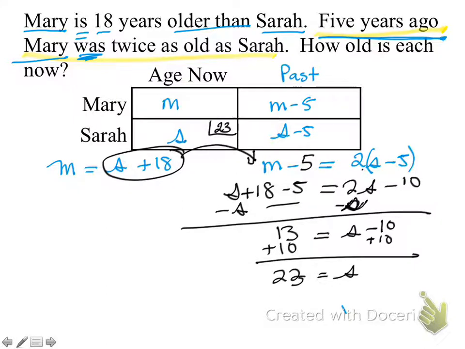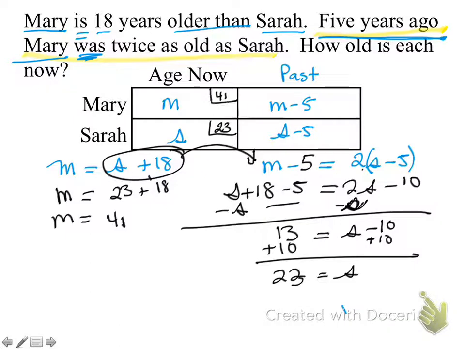Did you guys get 23? Yeah. And what about Mary? Mary equals, how do I figure that out? 23 plus 18. Mary equals, that's 11, carry the 1, 2, 3, 4, 41.